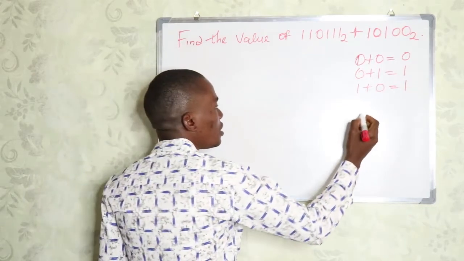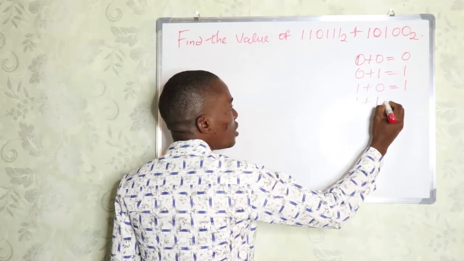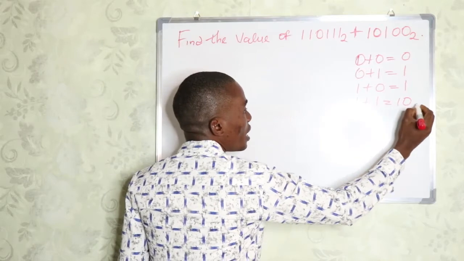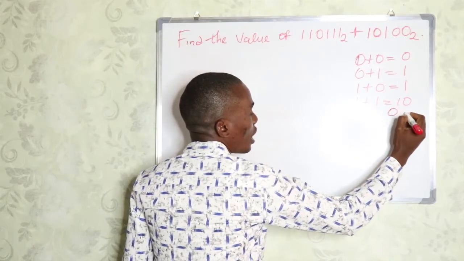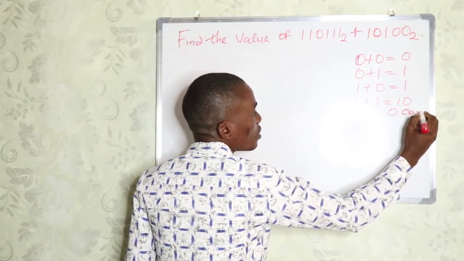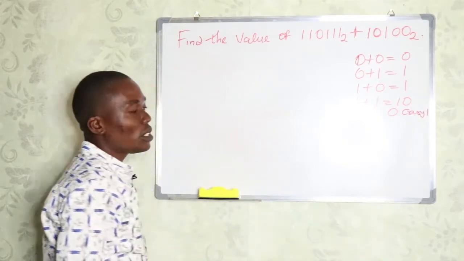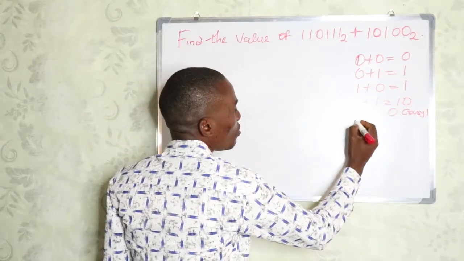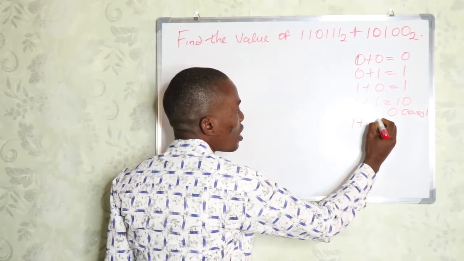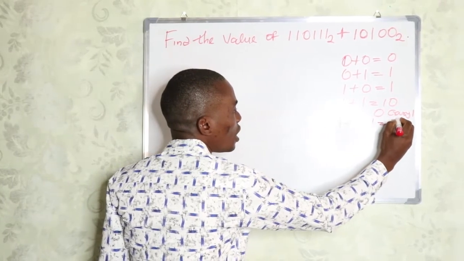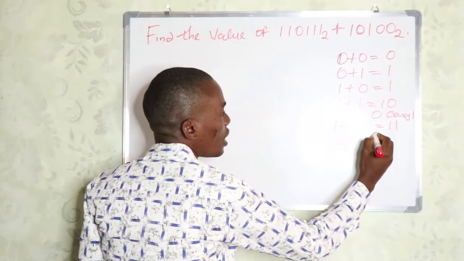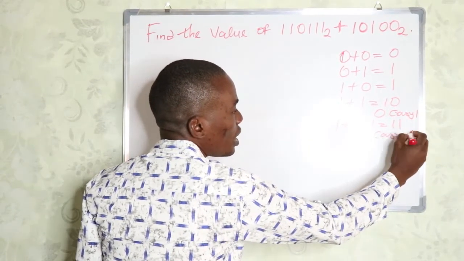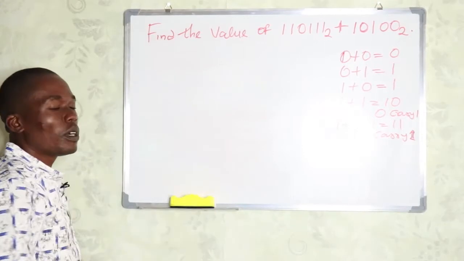Now under number bases, 1 plus 1 is equal to 10, so you write 0 and carry 1. So these are the values we are going to use for now. Subsequently, if we go further, you will find out that 1 plus 1 plus 1 is equal to 11. You write 1 and carry 1.